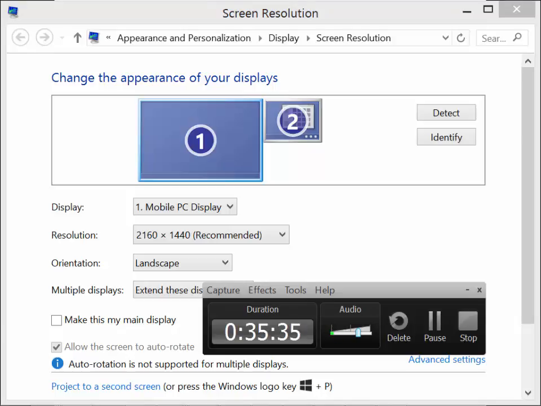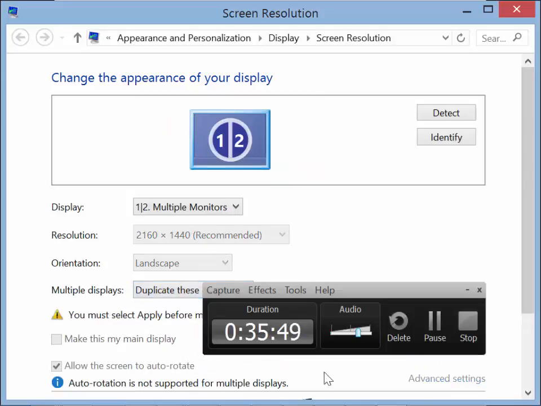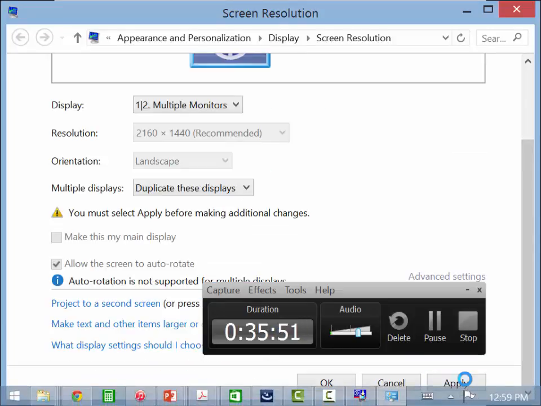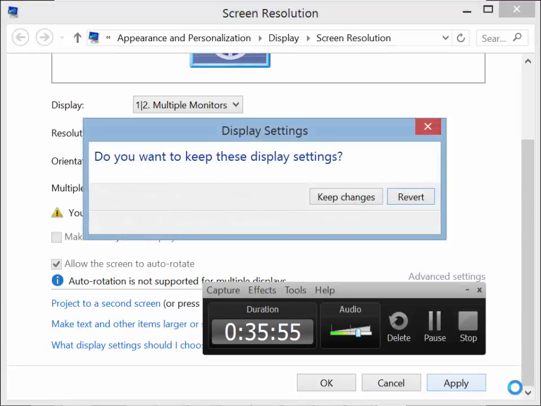Oh, I have to do it from here. All right, I have to stand in front of this right here. Okay, I know that's a setting that I can find, but I haven't found it.